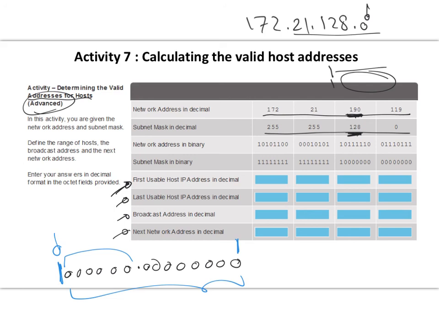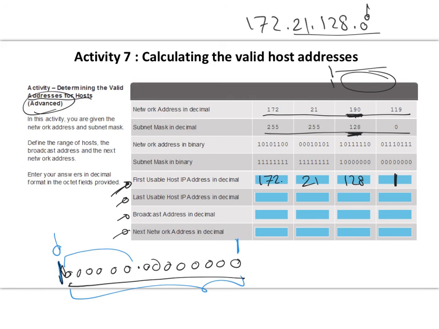Is it clear? Okay. So here the answer is 172.21.128.1. Okay? Now, what is the broadcast address? Yes, it's to put all these ways ones.